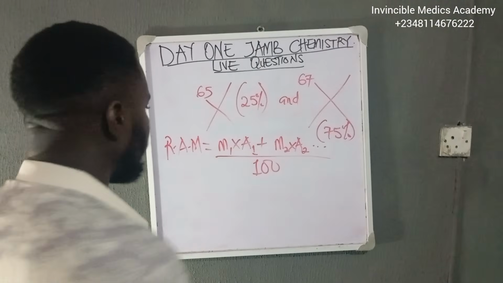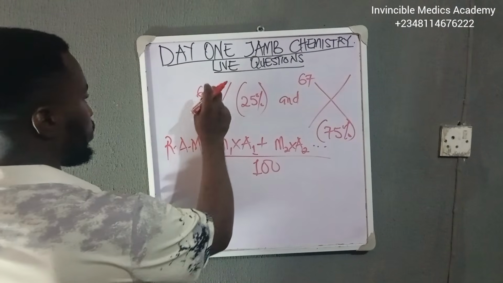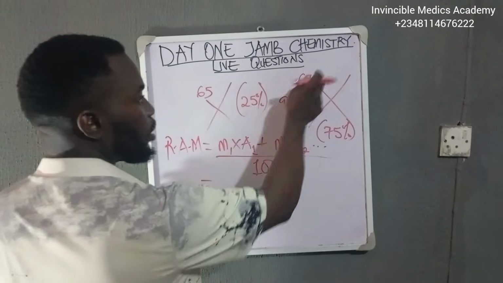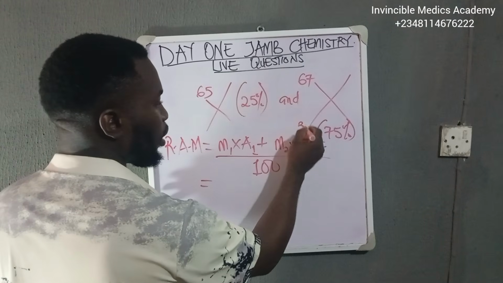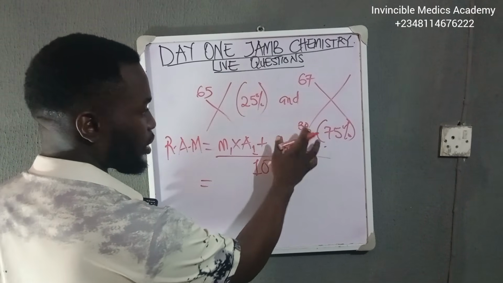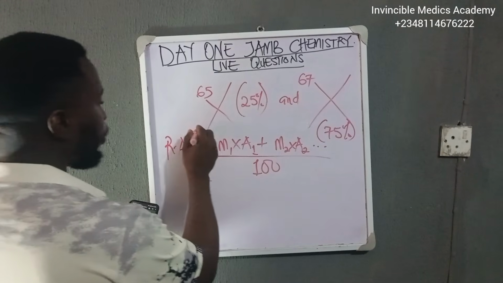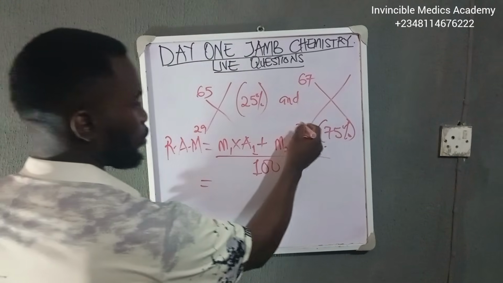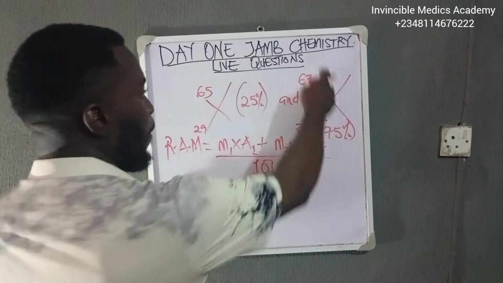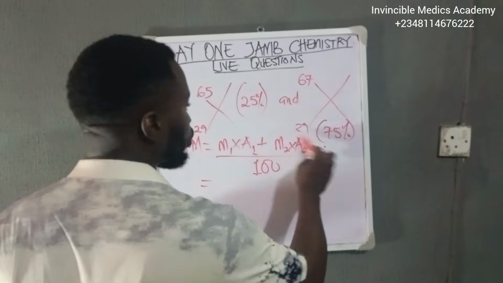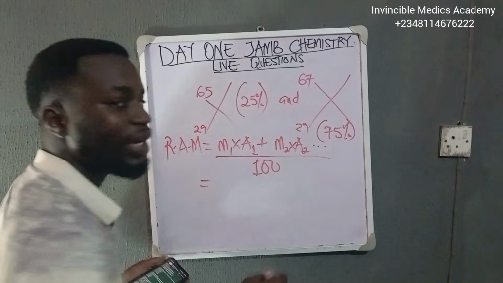So we solve. The mass of this is 65. Mass number of an element is always written on top, while the proton number is always written below. I'm just using this as an example, I'm not saying that's the proton number of this. Proton number is always written below, while mass number is written on top. So if you want to get the neutron number, subtract the proton number from the mass number. Whatever you get is the neutron number.